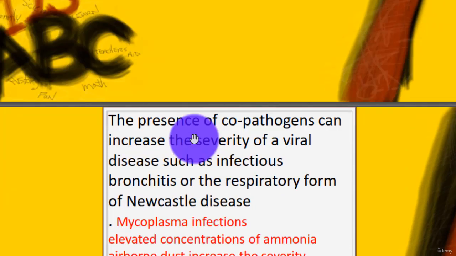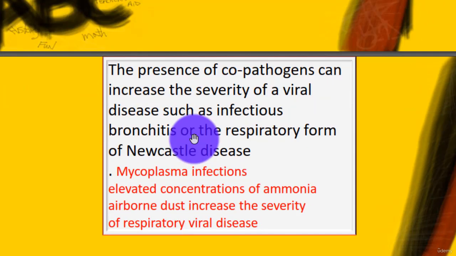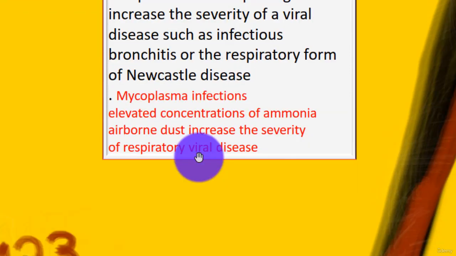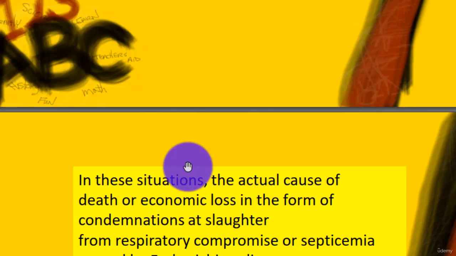The presence of co-pathogens can increase the severity of a viral disease such as infectious bronchitis and the respiratory form of Newcastle disease virus, as can mycoplasma infection. Elevated concentrations of ammonia and airborne dust increase the severity of respiratory viral diseases.